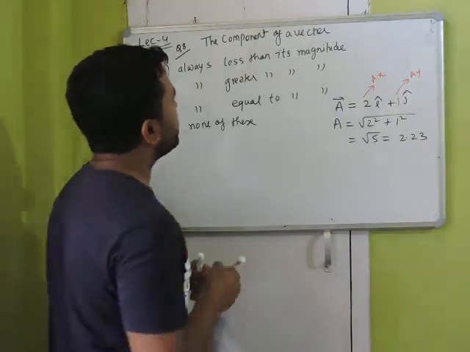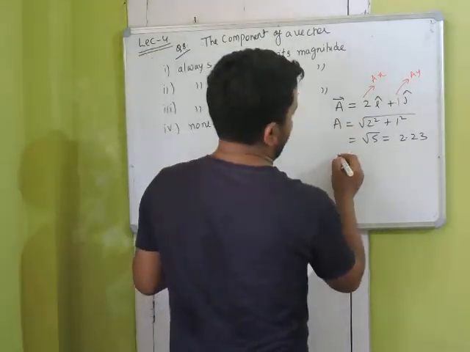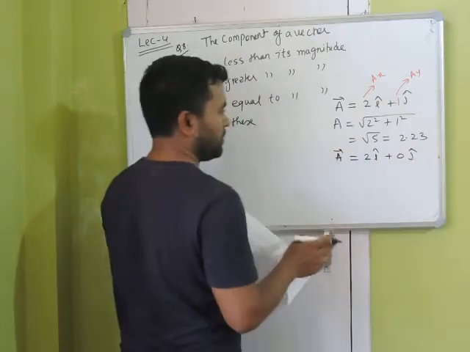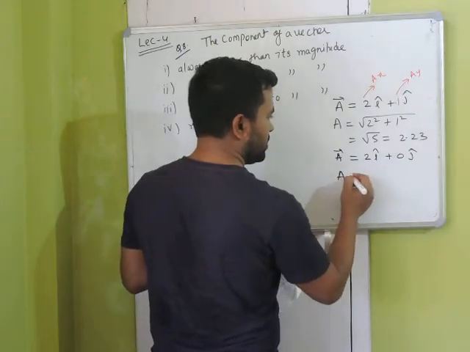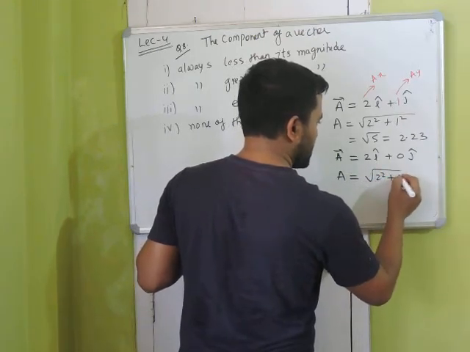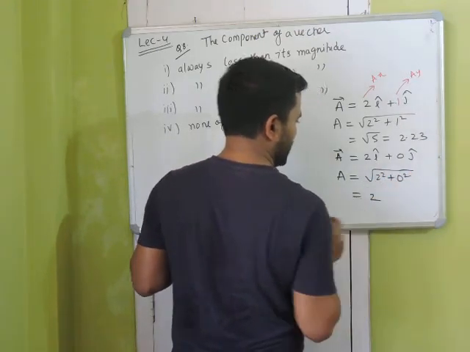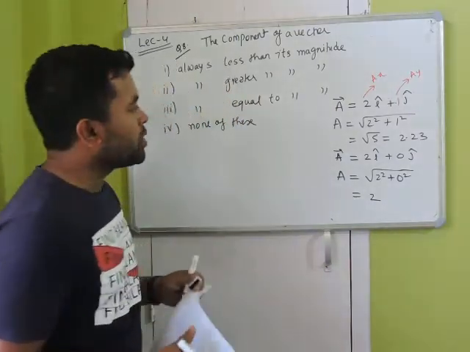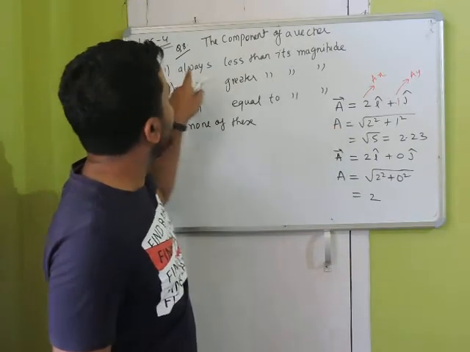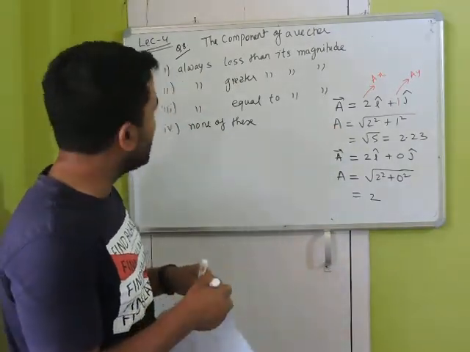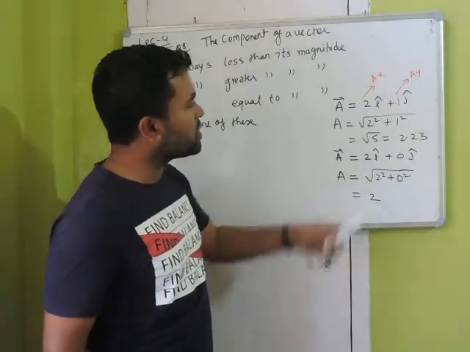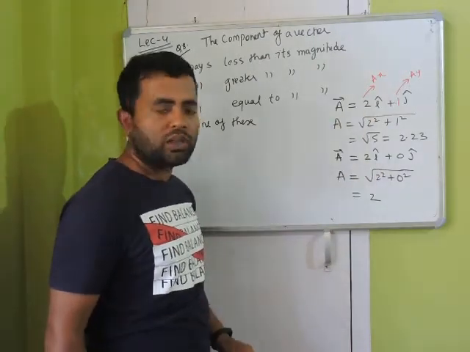Now I can have a vector, let us say a vector is 2i plus 0j. What will be the magnitude? Magnitude will be 2 squared plus 0 squared, this will be 2 only, right? Now so this word always, that a component is always less than its magnitude, is not true. It can be equal to its magnitude also, it can be less than its magnitude also.